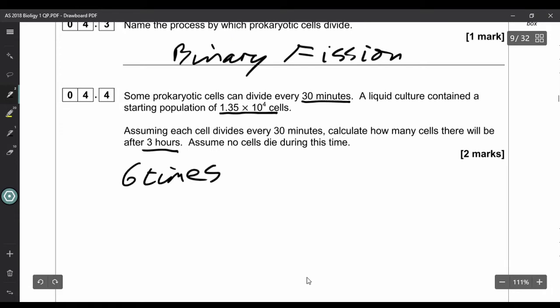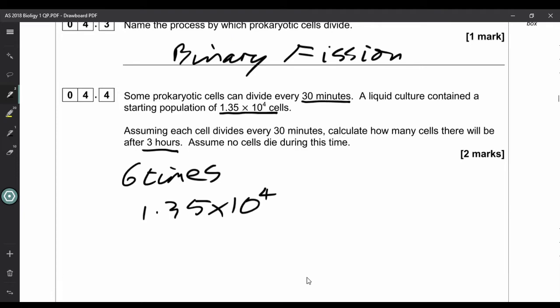So 6 times from where we start, these things are going to divide. So we're going to start with a concentration of 1.35 times 10 to the 4. Now remember, what they're going to do is double 6 times.